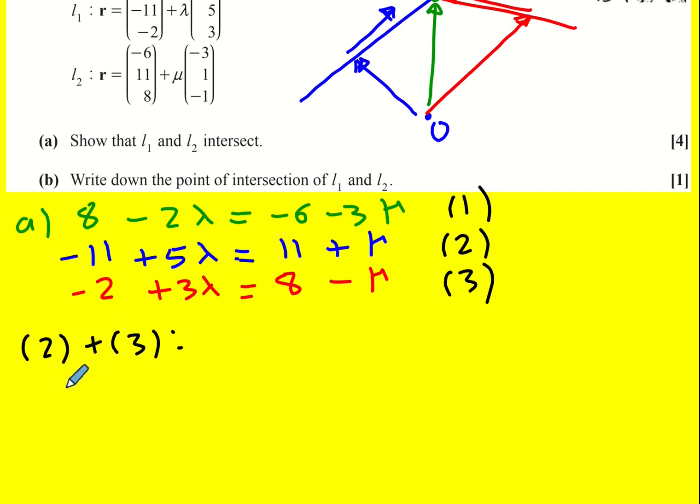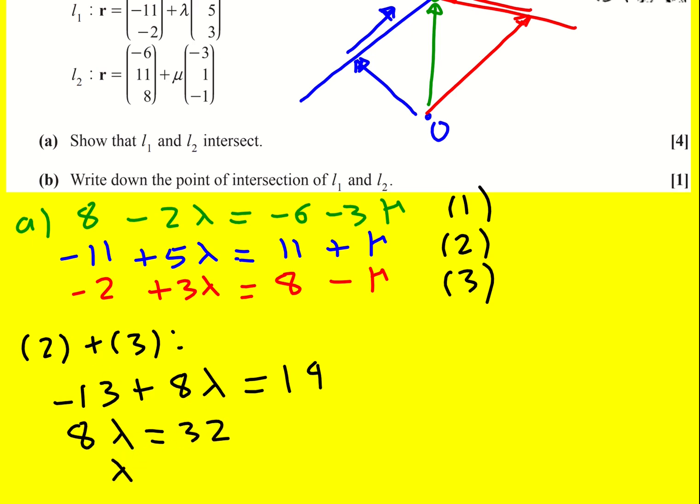So that's going to give me minus 13 plus 8 lambda equals 19, and these cancel. That means that 8 lambda, if I add 13 to both sides, is 32, and lambda is equal to 4.